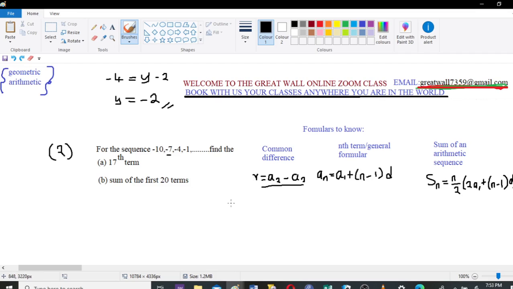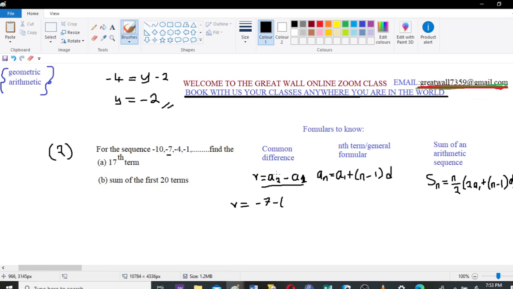Suppose we use the second and the first term, that is -7 is our second term, A2, minus A1. This is our A1 in the formula, and this is our A2, so we're subtracting A1 from A2.